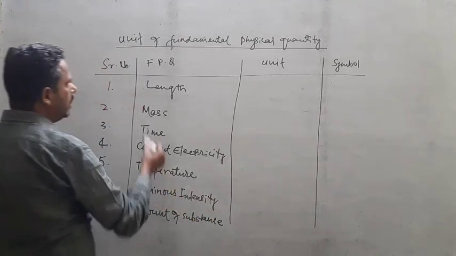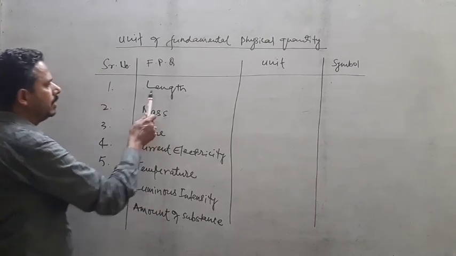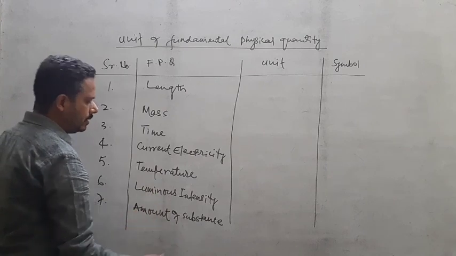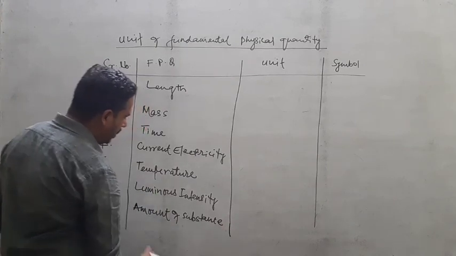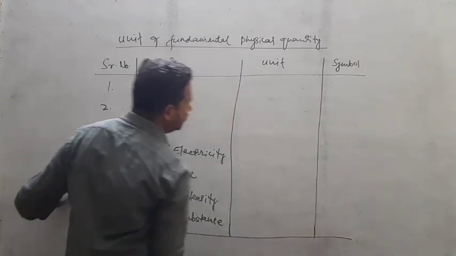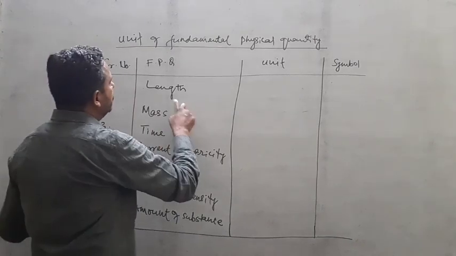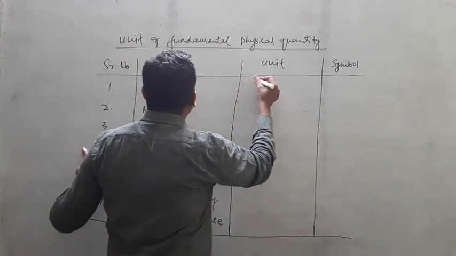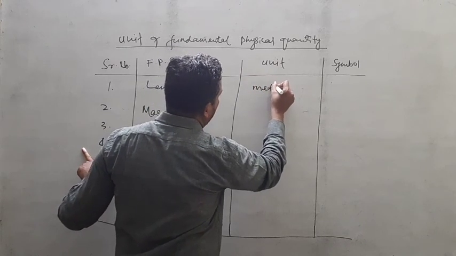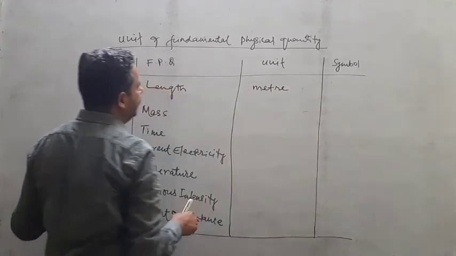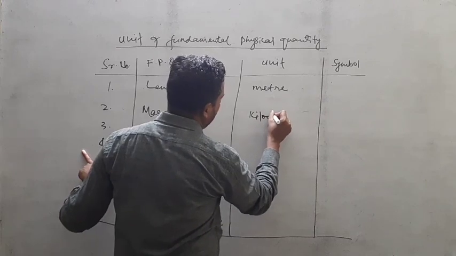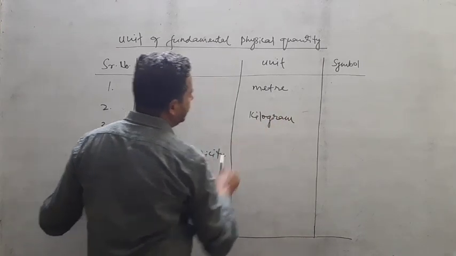So you can see here the 7 fundamental physical quantities: length, mass, time, current, temperature, luminous intensity, and amount of substance. Now accordingly, its unit. Length is always measured in meter, with a small m. Mass in kilogram, where k is also small.